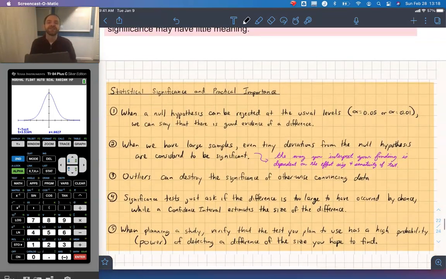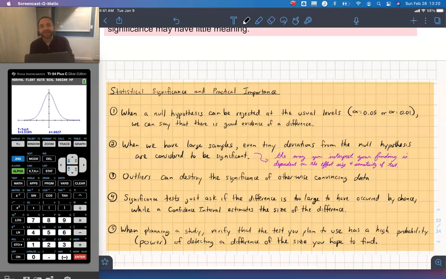Outliers can destroy the significance or other convincing evidence, so be aware of that. If you have an outlier, it's going to pull the mean away from where it should be. Remember, if you have outliers, that's usually not a good thing, because the mean is impacted by the outliers. That's what that was trying to tell you: if you have outliers, it could destroy the significance.